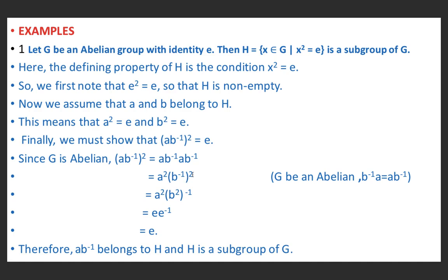And b inverse whole square can be written as b square inverse. a square is e, b square is also e, so e inverse. Inverse of the identity element is the identity itself. So e into e is nothing but e. So ab inverse whole square is also the identity element, and this satisfies the condition. Therefore ab inverse belongs to H. It means H is a subgroup of G.